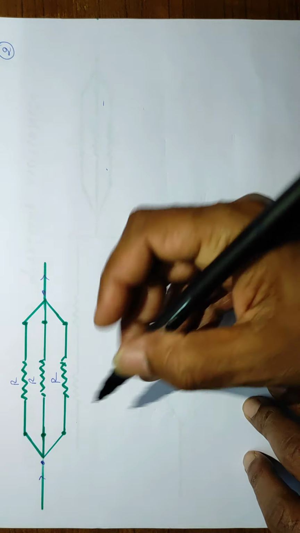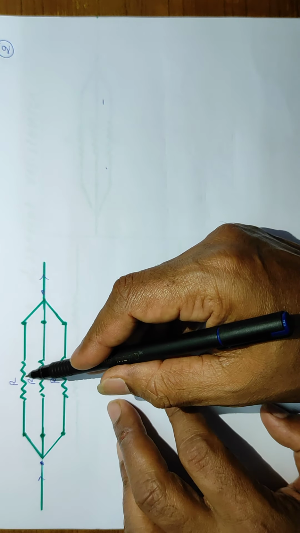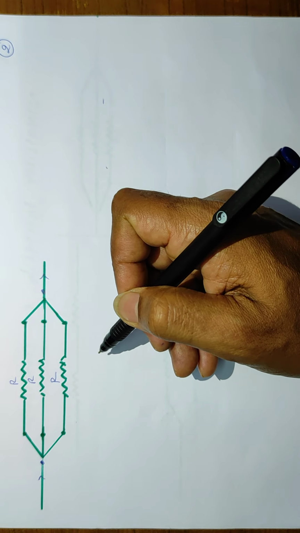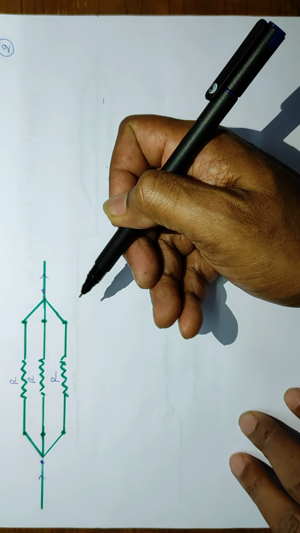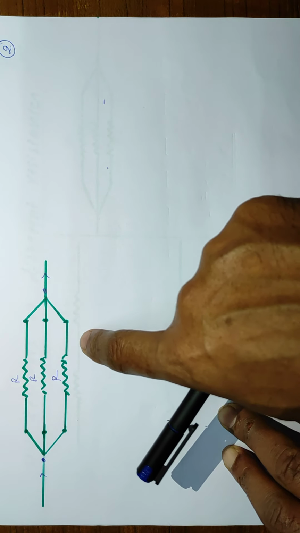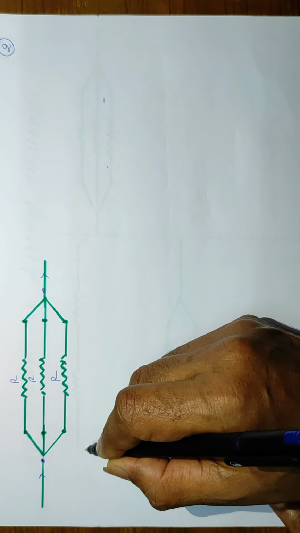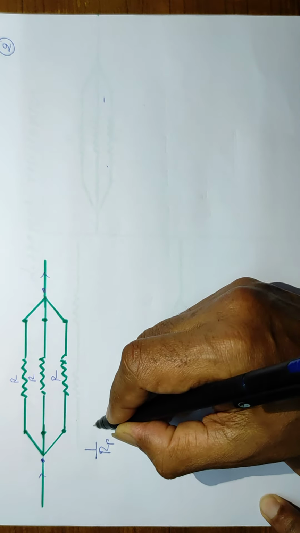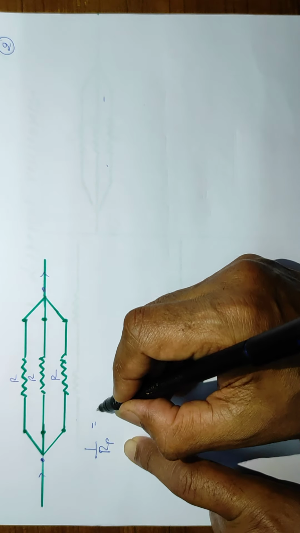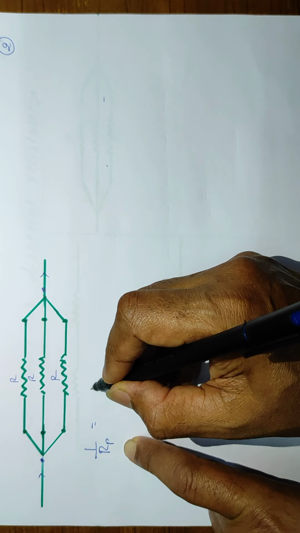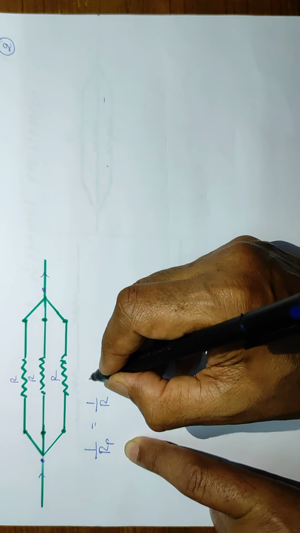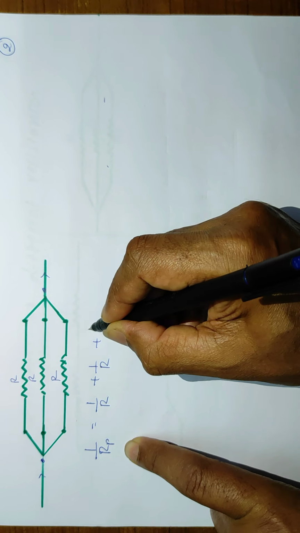Students, here 3 resistors of same resistance are connected in parallel. See how to calculate the equivalent resistance. We know that when resistors are connected in parallel, the reciprocal of the equivalent resistance of the combination is equal to the sum of the reciprocals of the individual resistances.